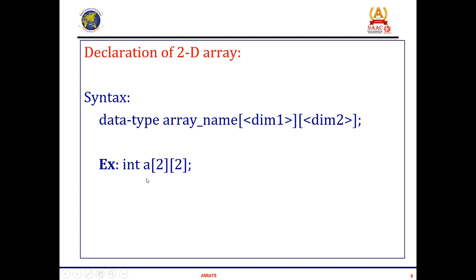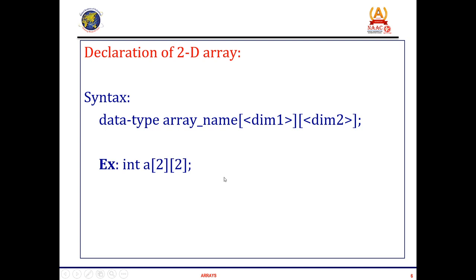So I have int a of 2, 2, which says that I am making use of a two-dimensional array where the first dimension is 2 and the second dimension is also 2, and the array belongs to the integer data type. So I have int as the data type, a is the name of the array, this particular 2 is called the row dimension, and this particular 2 is called the column dimension.